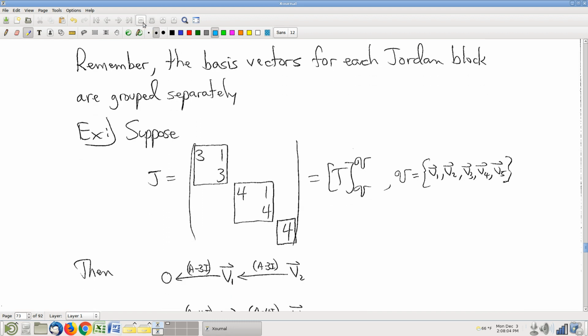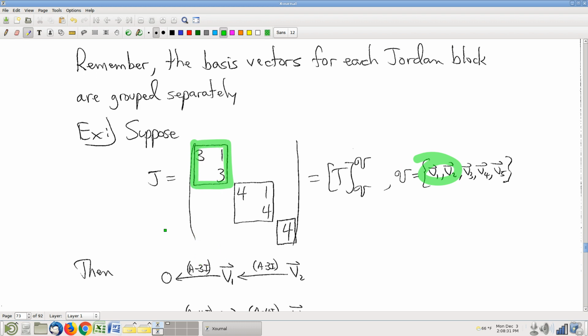Suppose this is your Jordan form, like this. Notice that there are multiple blocks. Where the eigenvalue blocks are doesn't matter, but here they are. What matters here is where the Jordan blocks are. Here's the first Jordan block. The first Jordan block corresponds to the first two columns, which correspond to the first two basis vectors.